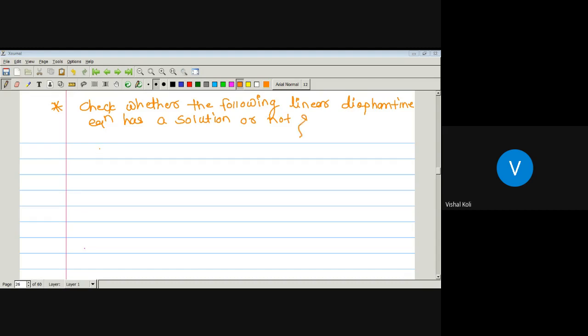Okay, so first, the linear Diophantine equation 12x plus 18y equal to 30. So how will you check whether this equation has a solution or not?